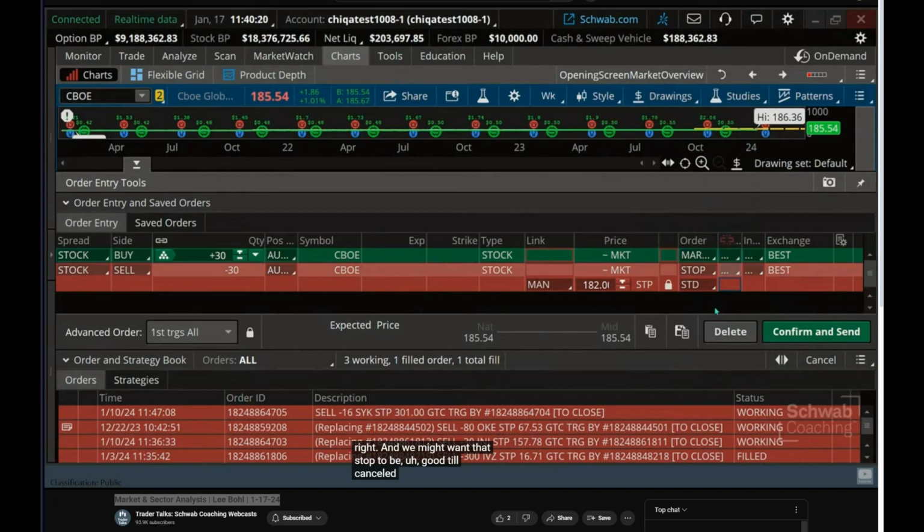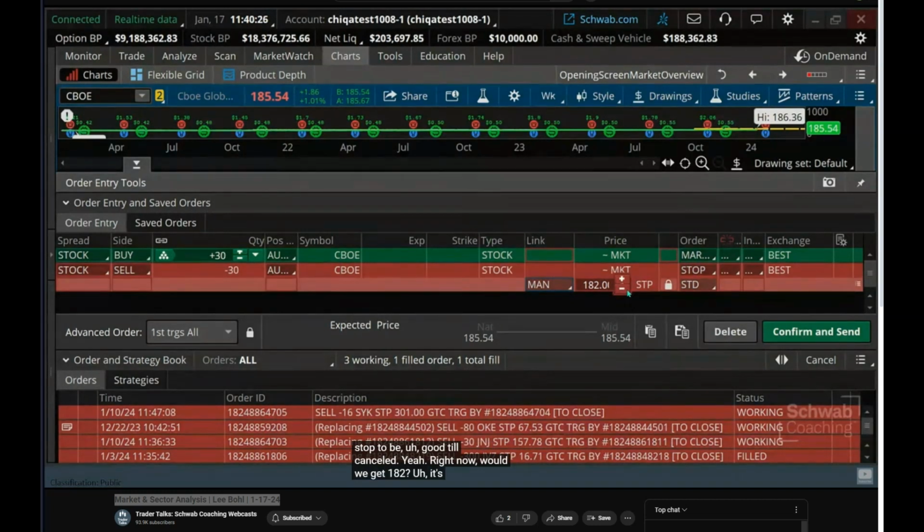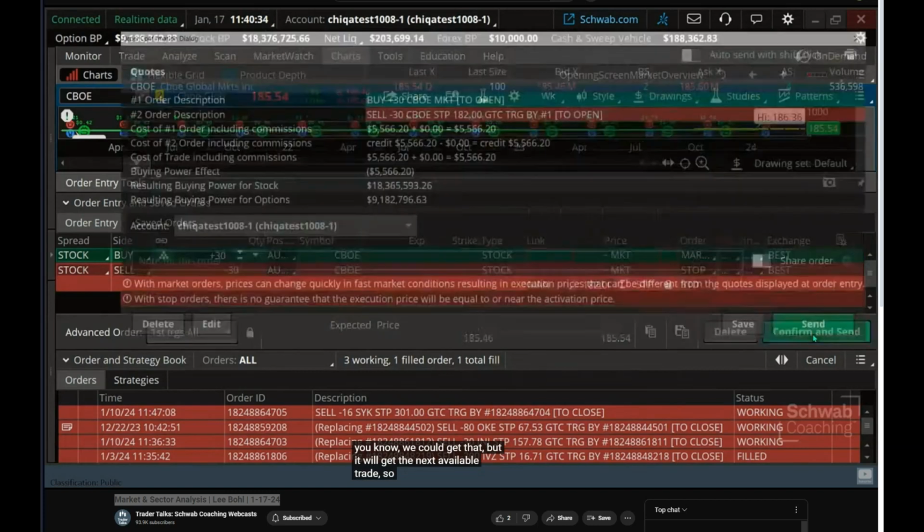Now, would we get 182? It's a market order, remember, stops. So we could get that, but it will get the next available trade. So we don't know exactly what we're going to get on a stop.